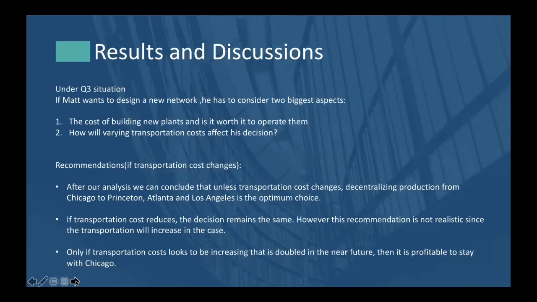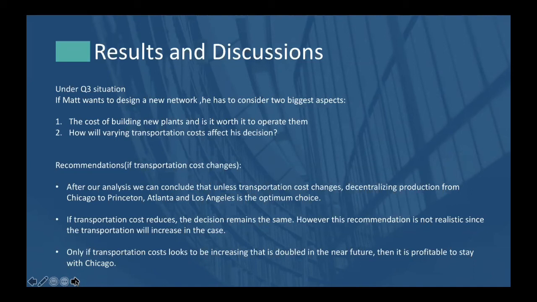Under the question 3 situation, if the manager wants to design a new network, he has to consider 2 aspects: the cost of building new plants and whether it is worth operating them, and how varying transportation costs affect his decision. So our recommendation, after our analysis, is that unless transportation costs change, decentralizing production from Chicago to Princeton, Orlando, and Los Angeles is the optimum choice.